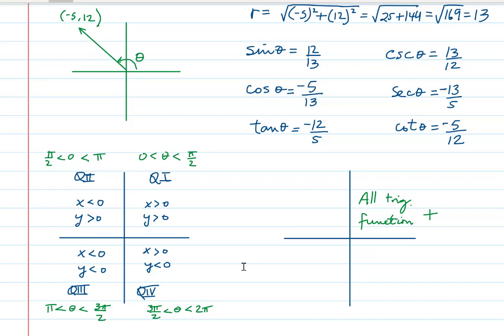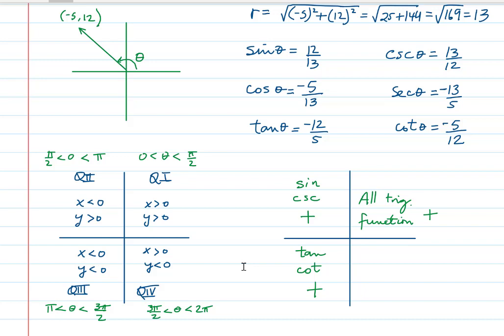So in the second quadrant, as we saw in the previous example, only sine and cosecant are positive, right? So then you'll say sine, cosecant, and that makes sense because they're reciprocals of each other. On the third quadrant, it's going to be tangent and cotangent. It's always the trig function with its reciprocal.